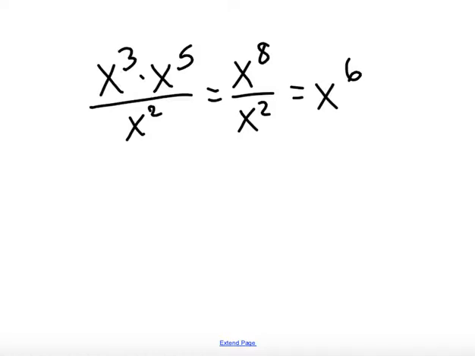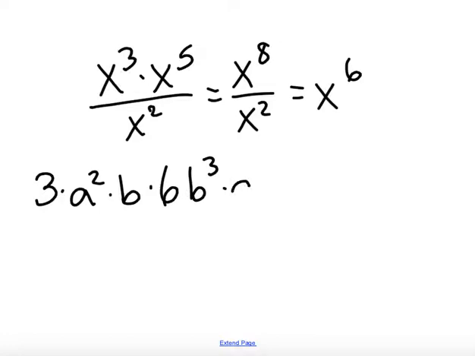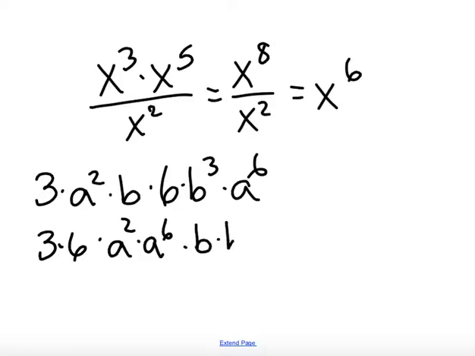Or maybe we have one big long multiplication, like 3 times a squared times b times 6b cubed a to the 6th. Sure, I can rearrange this because everything is just multiplied. So I can say, all right, I'm going to multiply the 3 times the 6, and I'll multiply the a's together because those have the same base, and I'll multiply the b's together because they have the same base.